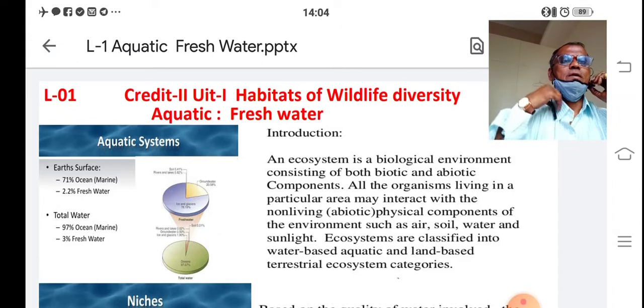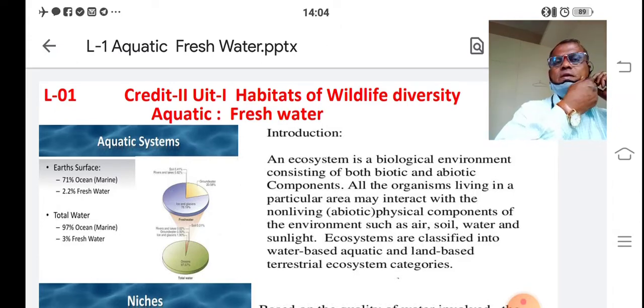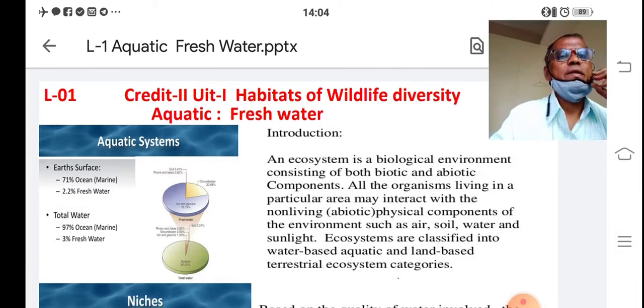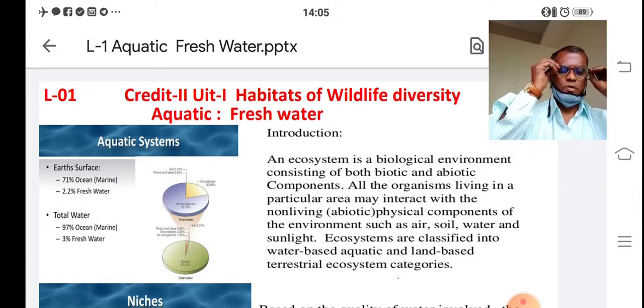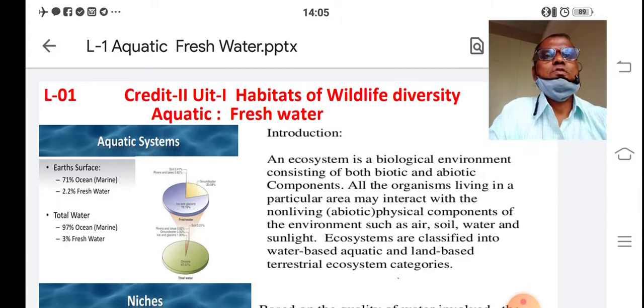The living ones are either plants, which are not mobile, or animals, which are mobile, moving from one place to another. The non-living components are physical components like air, soil, water, sunlight. This ecosystem is mainly classified into the aquatic ecosystem and the terrestrial ecosystem.